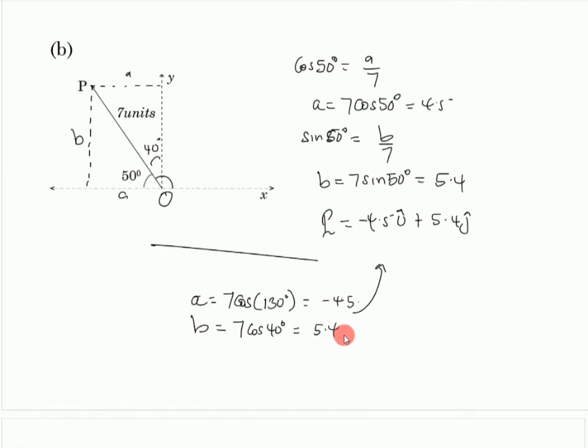It is 40. Get cos of 40 times 7. That is the component along the vertical. What is the angle between the horizontal and the vector OP? It is 50. Actually it is not 50. We always refer to the positive x direction. So we shall have 180 minus 50, which is 130, and there we are.